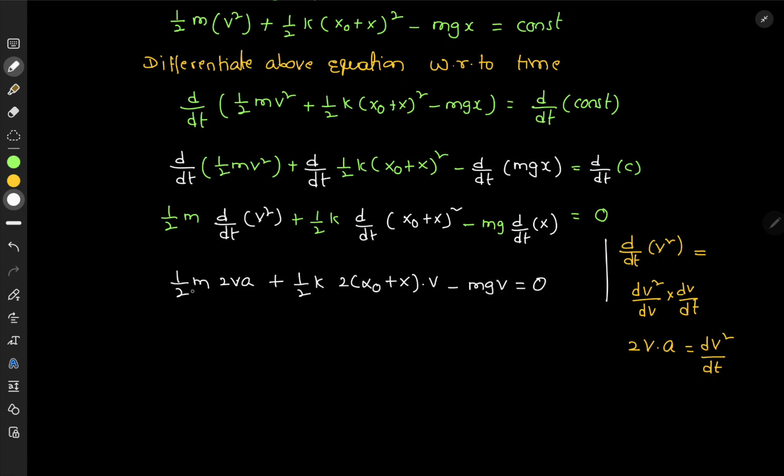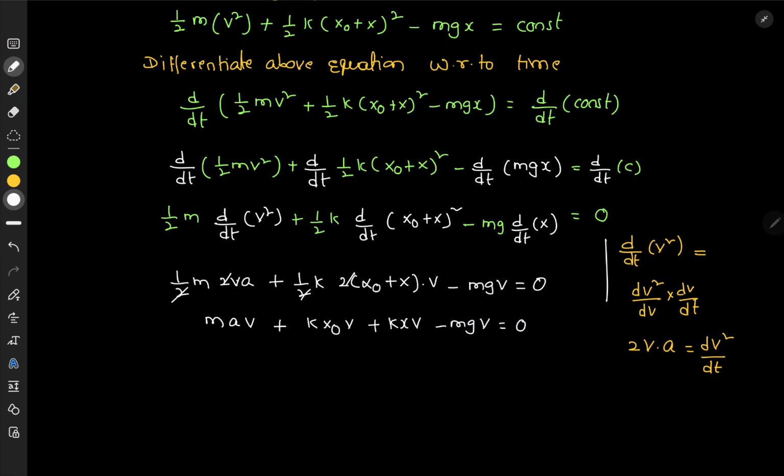Again, whatever the constant values and cancellations you can take, 2 gets cancelled, here also 2 gets cancelled, and we get mav plus k x naught v plus k x v minus mgv.